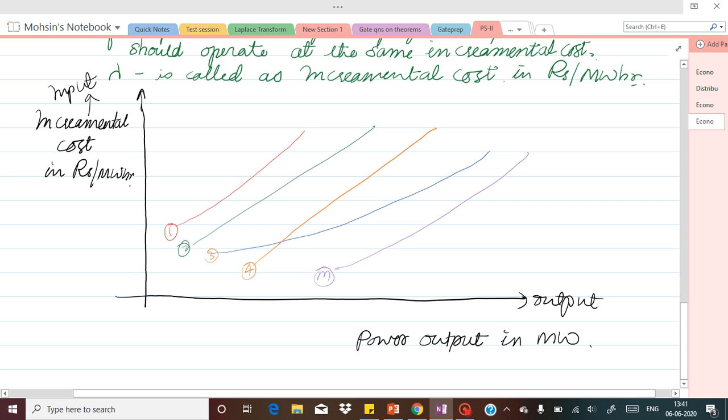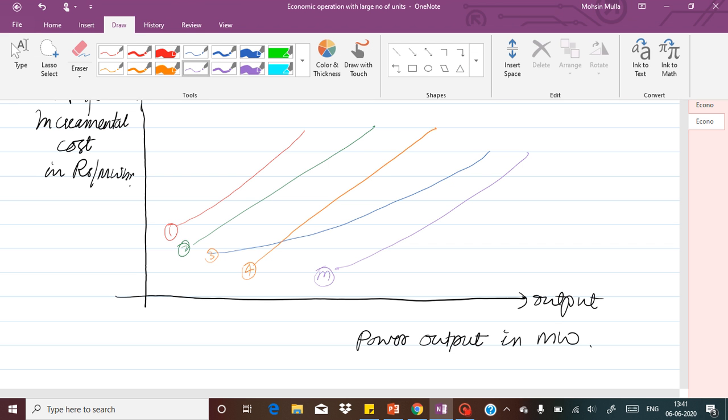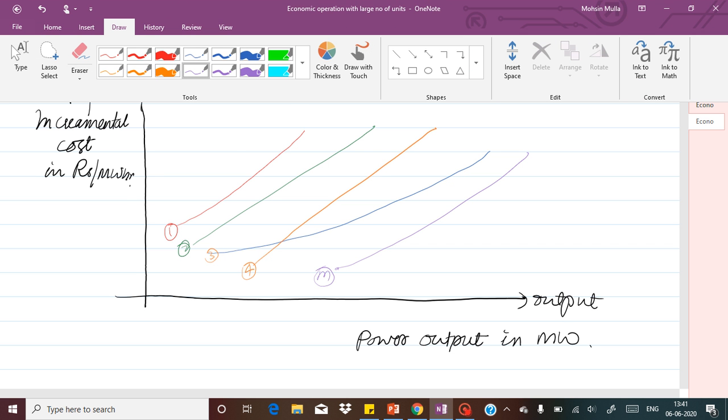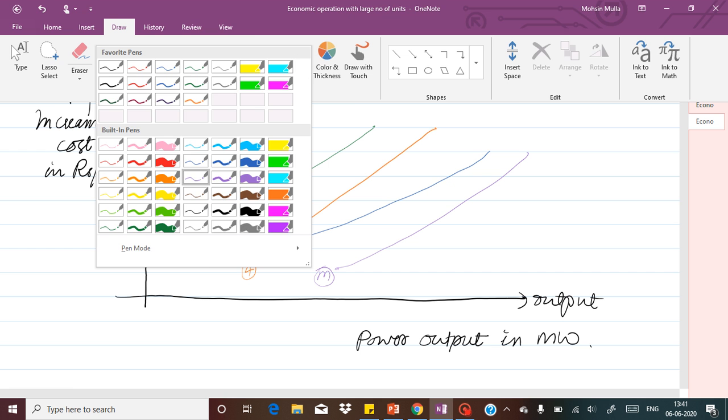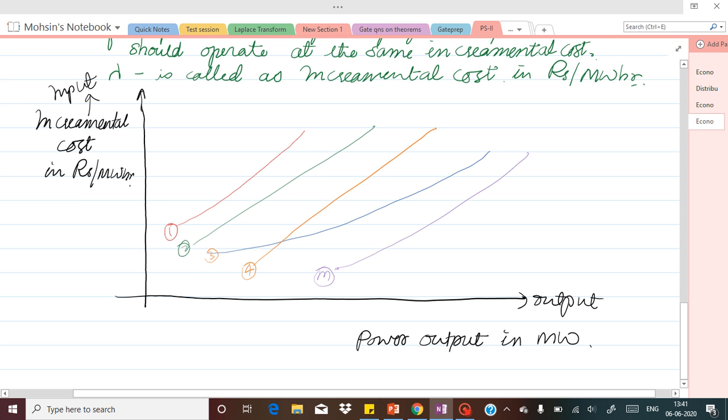So now here we are saying that it should be operated at the equal incremental cost. Therefore here we have to have a line that will intersect with all of these curves, and that line will be deciding the incremental cost. Suppose the demand is some particular megawatt, then all the units are operated at a particular incremental cost.